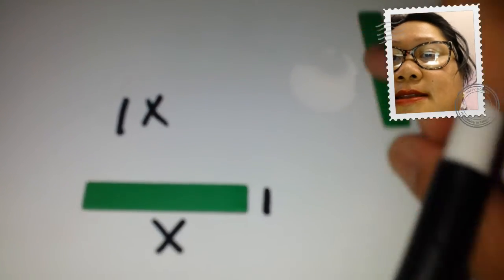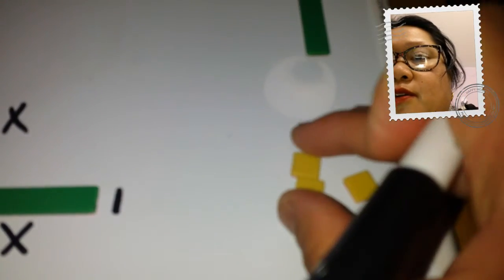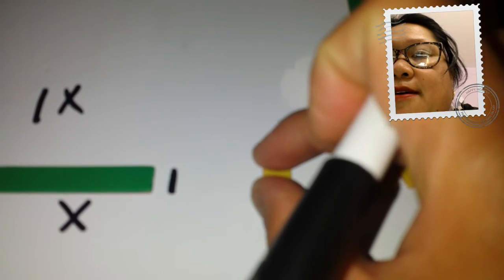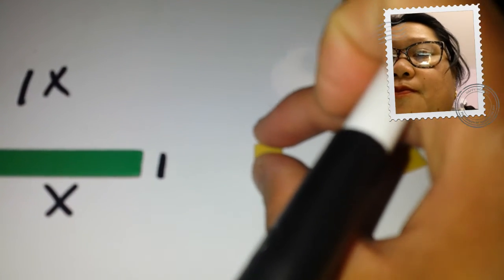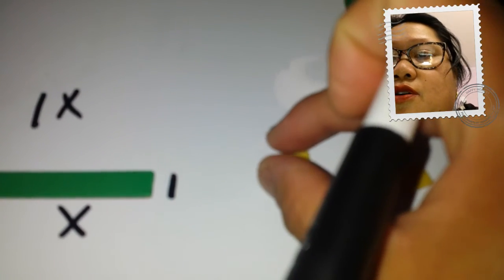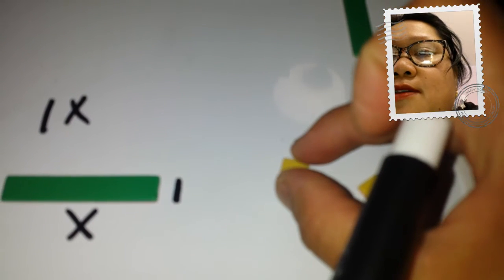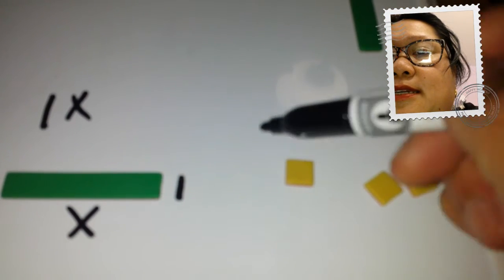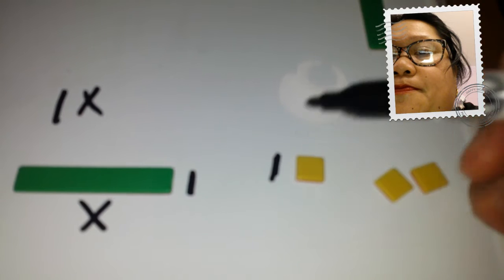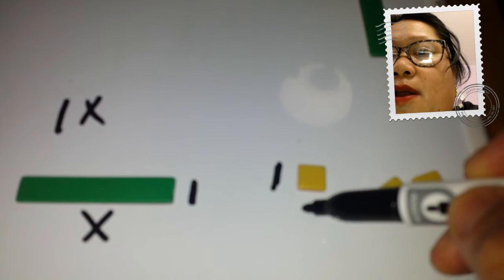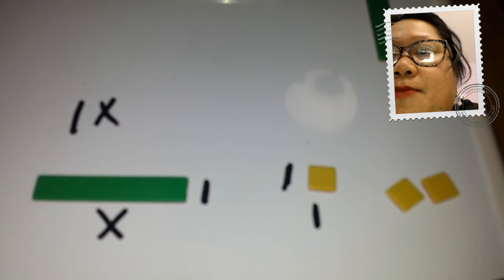And then let's move over these squares over here. So then here we have squares. Now imagine that this has the height of 1 and the width of 1. Okay?